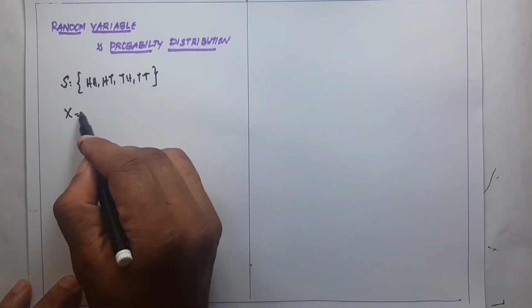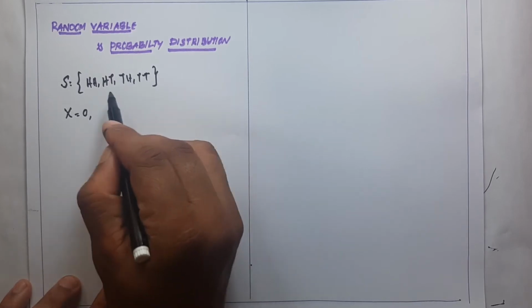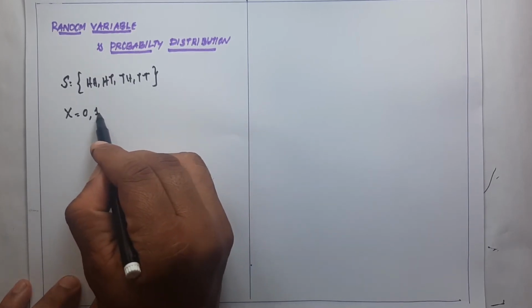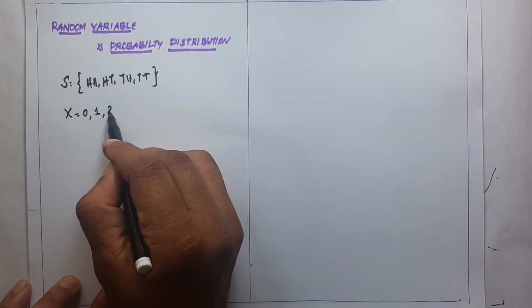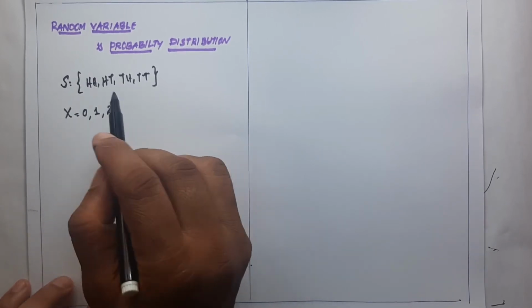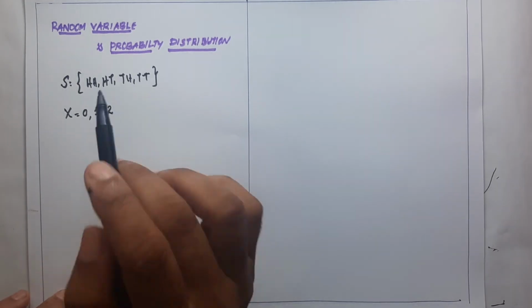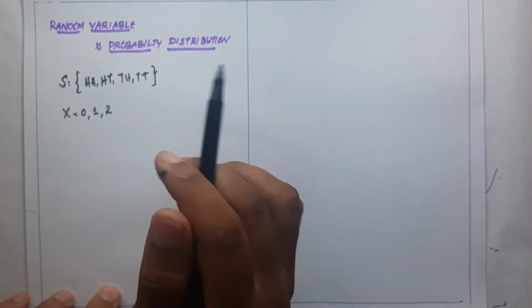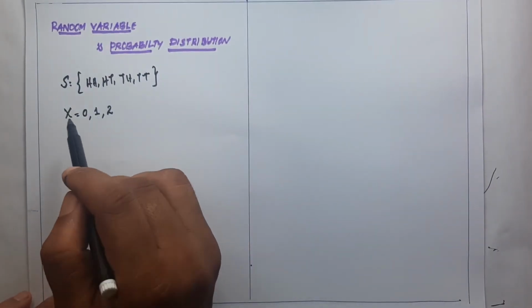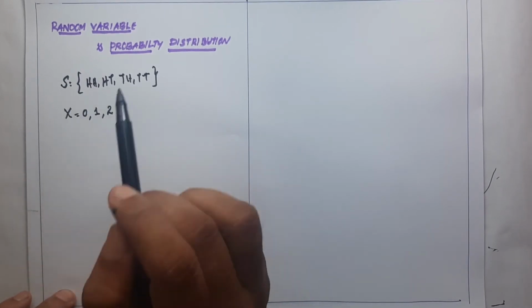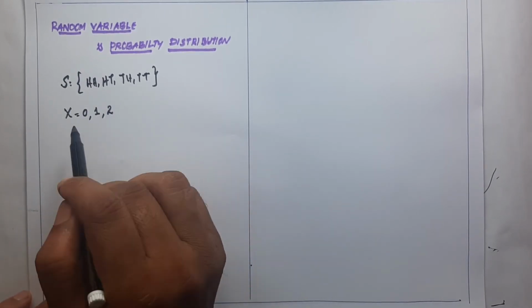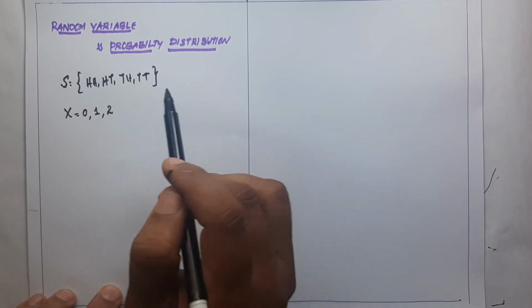For TT, the number of heads is 0. In HT and TH, the number of heads is 1, and in HH, the number of heads is 2. These values 0, 1, 2 are called the random variable. Here X represents the number of heads in each outcome, and that X is called a random variable.